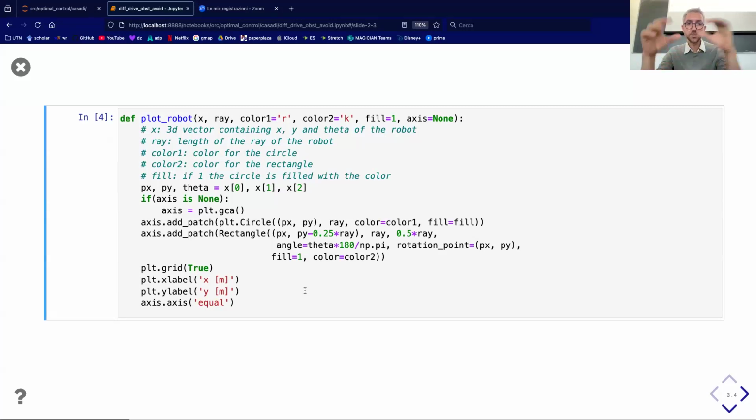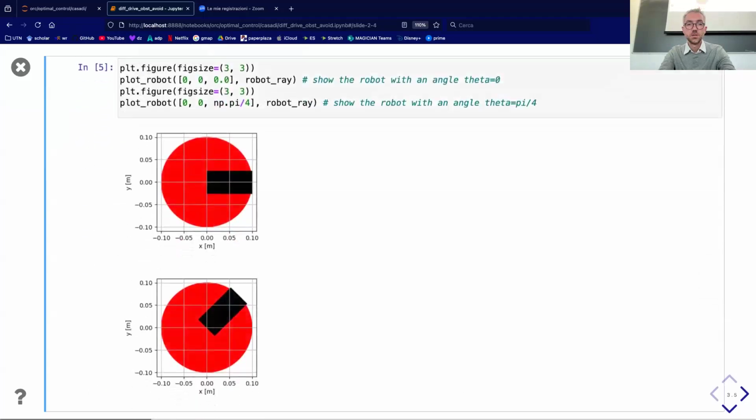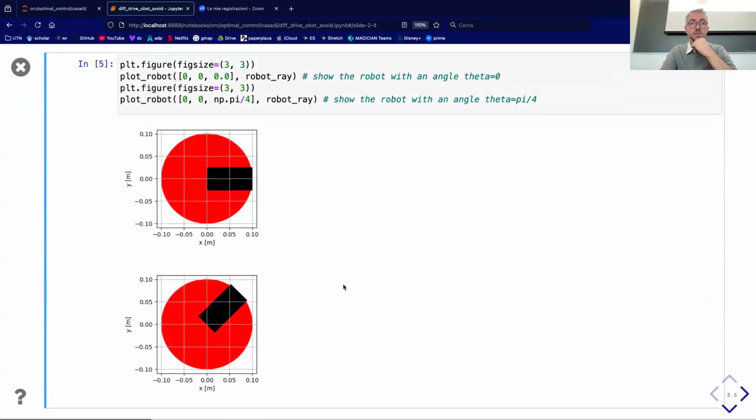It basically draws the robot as a circle plus a rectangle, so we understand its orientation. When we draw the robot with a 0 angle, it shows like this, whereas if we draw it with an angle of 45 degrees, it shows like that.